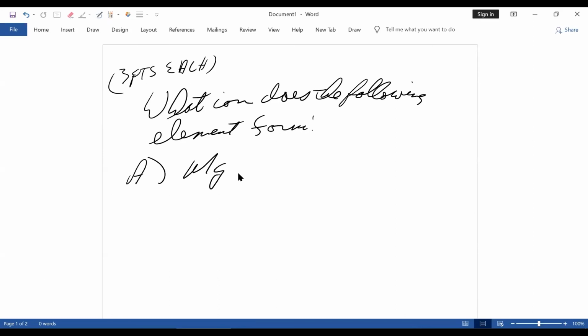So let's look at how you do this. Now, magnesium, I would have written magnesium, not the chemical symbol. You have to look at the periodic table. So let's go to the periodic table.